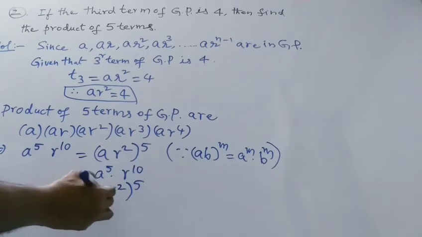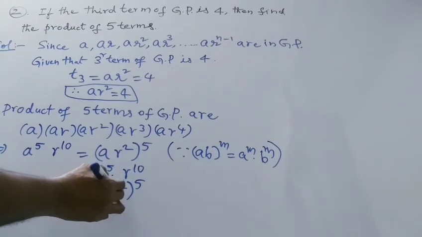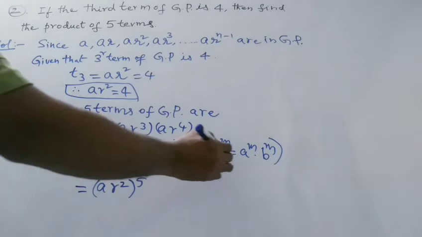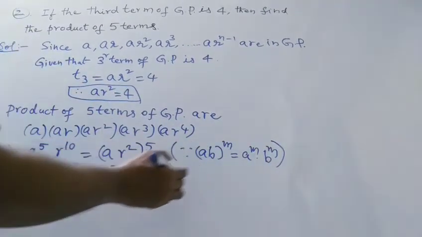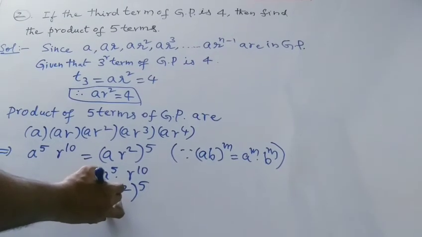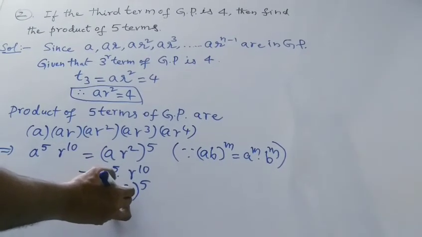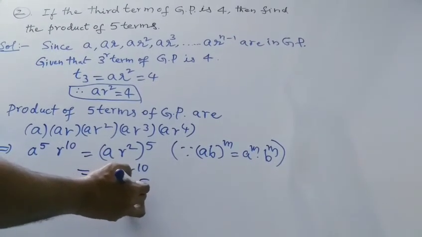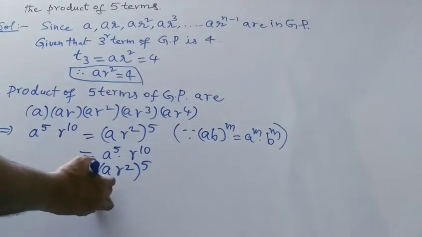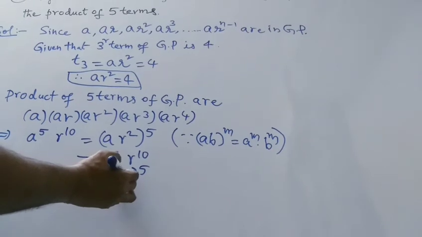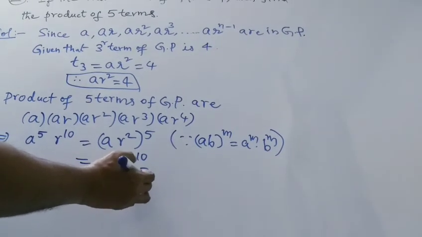Why? Because AB whole to the power of m is equal to A to the power of m into B to the power of m. So it becomes A to the power of 5 into R to the power of 2 into 5, R to the power of 10 here. That means here A into R square whole to the power of 5.